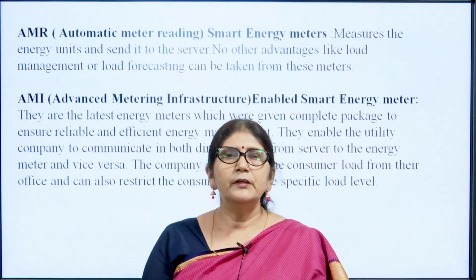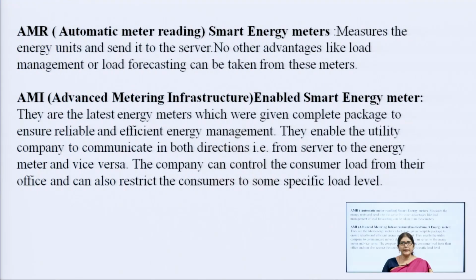First is the automatic meter reading, AMR, smart energy meter. This meter only measures the energy units and sends them to the server. It does not have a facility of communication between the utility office and the meter.